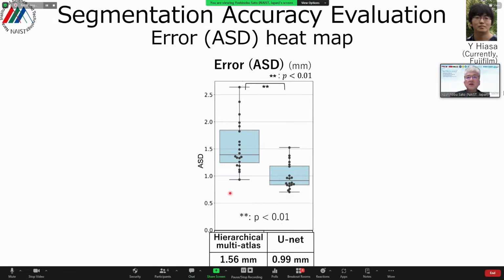You may think the non-deep learning method is not very bad, but even for a human annotator, the error should be around 0.5 millimeters or more. That means this line should be the baseline. So maybe the deep learning method will be much better than 0.99.